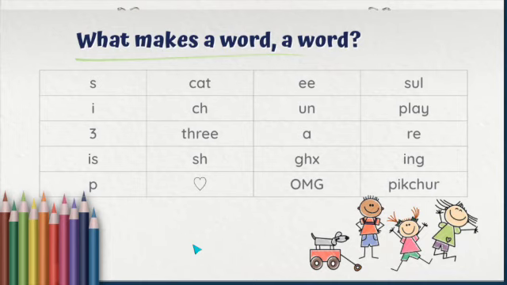But it's important to keep in mind a couple of things. Some of the most basic definitions that you would consider as you look at a page is the spaces on either side to show you that those letters are going together, that there's a combination of letters involved, probably some consonants and vowels, and that there's an agreed upon meaning or definition.